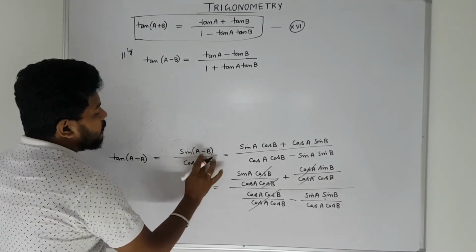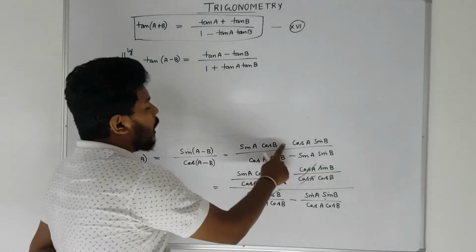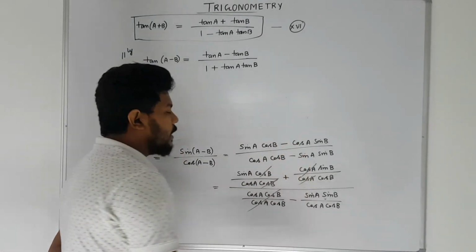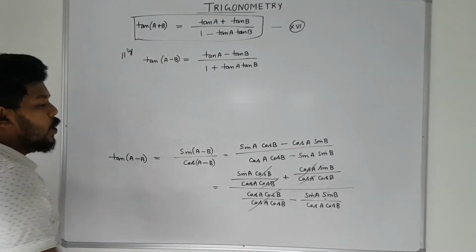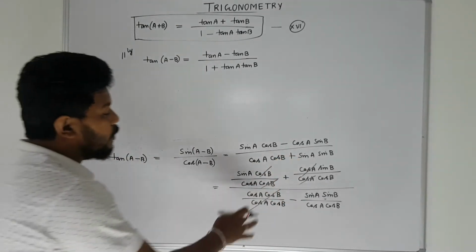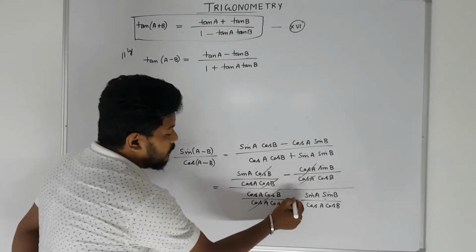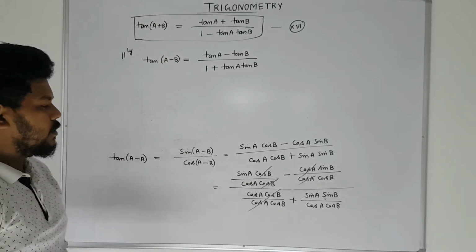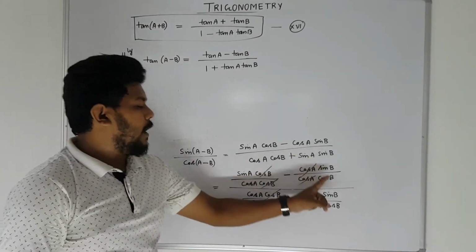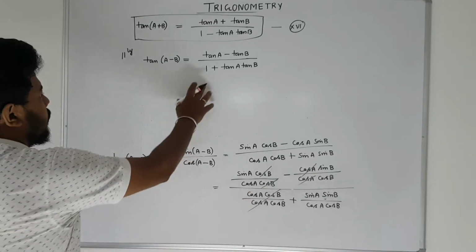For sin A minus B, the formula will be sin A cos B minus cos A sin B, and for cos A minus B, your formula will be cos A cos B plus sin A sin B. Now, dividing the numerator and denominator by cos A cos B, we will get this in the form of this. So, this is tan A minus tan B over 1 plus tan A tan B.